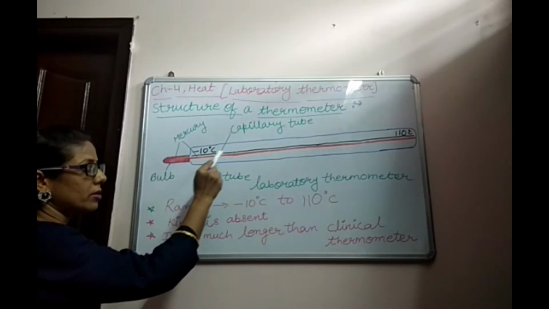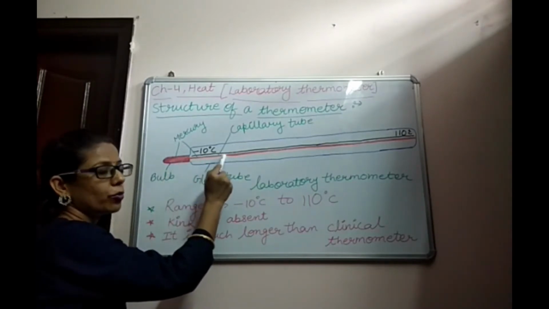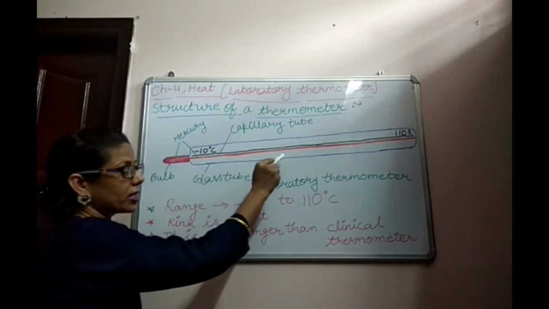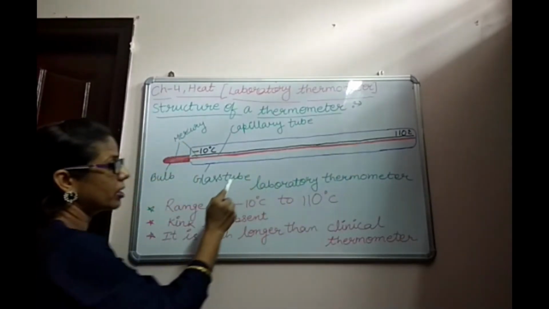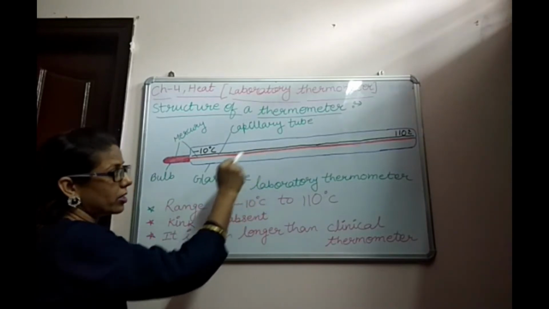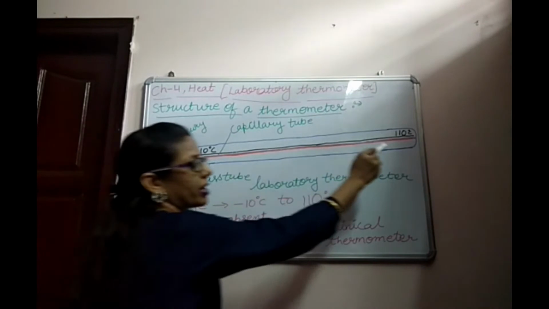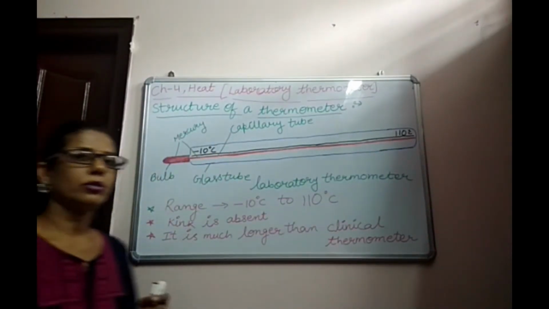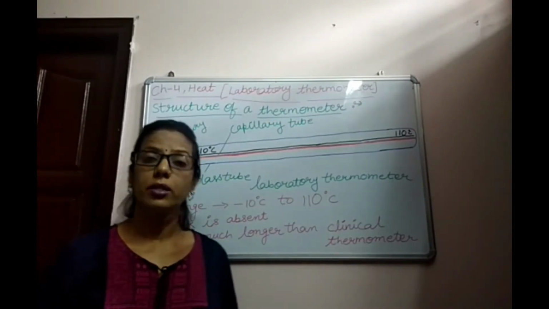Similar to the clinical thermometer, the bulb and the capillary tube are filled with mercury. And similar to the clinical thermometer, a scale is also present on the laboratory thermometer. The range of this Celsius scale is minus 10 degrees Celsius to 110 degrees Celsius. So the structure of a laboratory thermometer is almost similar to a clinical thermometer.